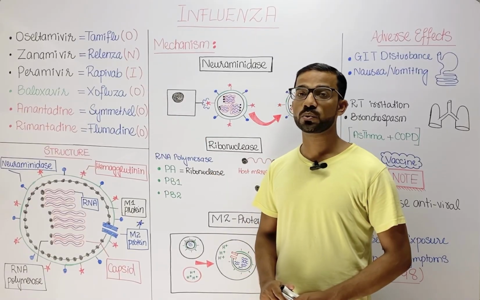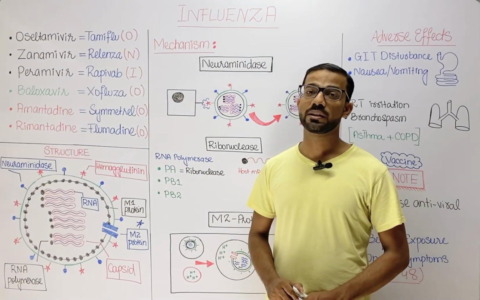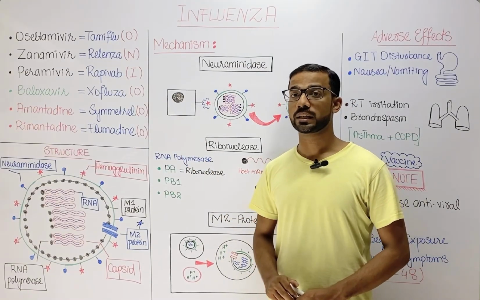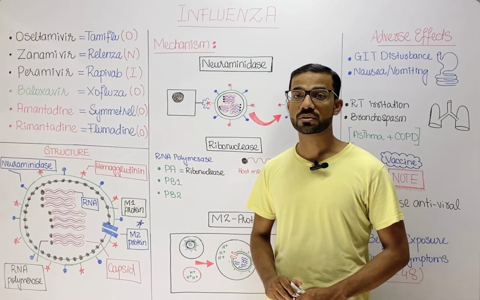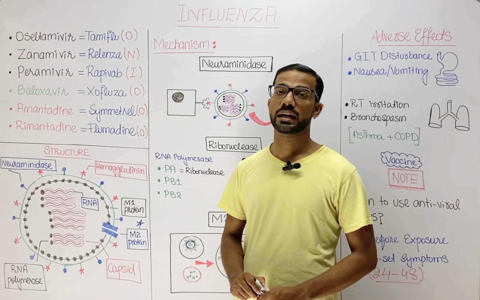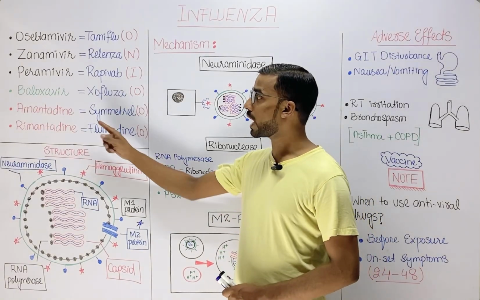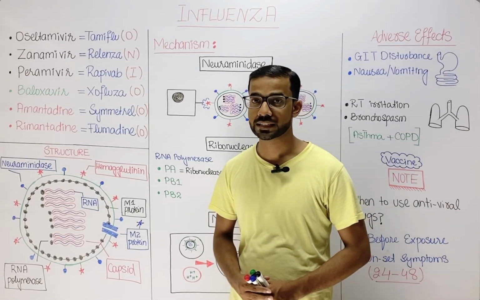Zanamivir is taken through the nasal route, and Peramivir is taken through the intravenous route. An important thing, the first two categories of these drugs affect influenza virus A and B. But lastly, Amantadine and Rimantadine act only on influenza virus A.